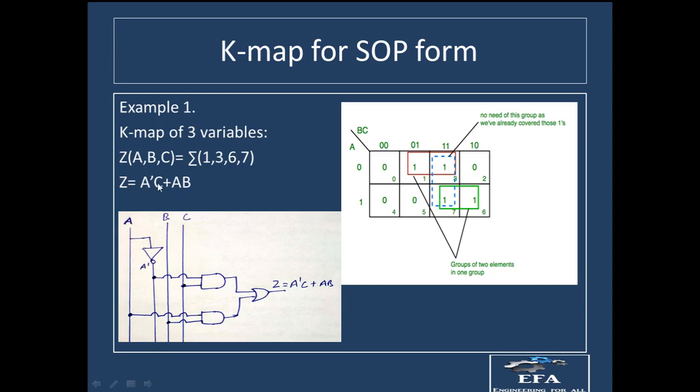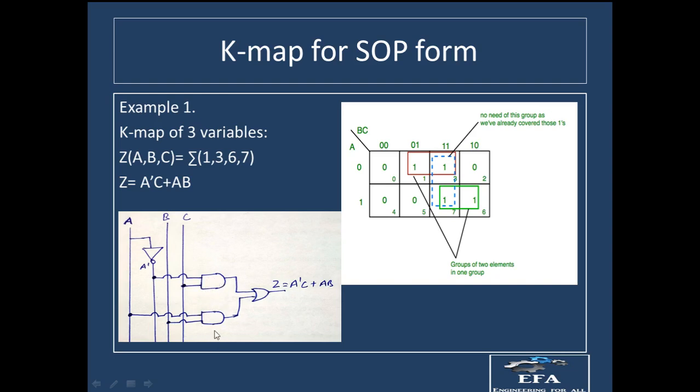Now in the first part we are having A complement C, therefore we need an AND gate. So this AND gate is there, which is taking the input from A complement and C, right? So you can see there's a connection at A complement and a connection at C, right? So therefore the inputs are taken from here and they are given to the first AND gate.